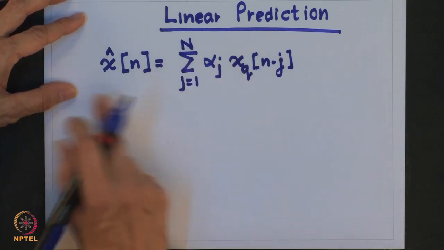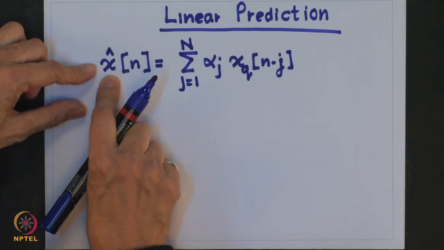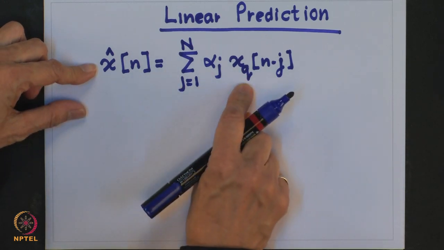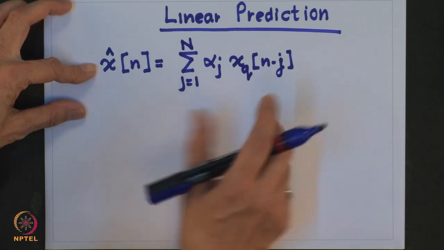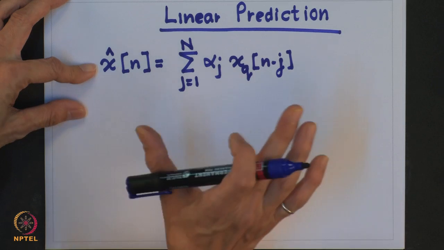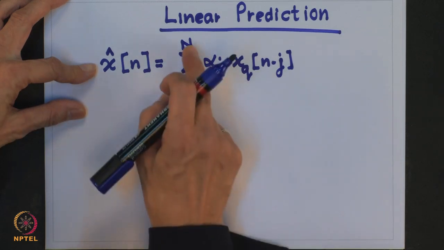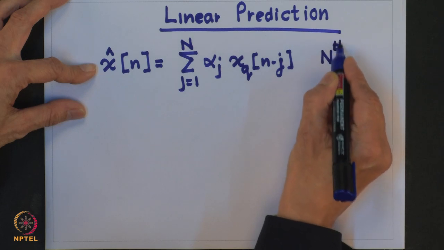So, the problem is you find the predictor using the linear combinations of the past reconstructed values, and we use capital N to be the number of past samples. This N is also known as the order of the predictor.